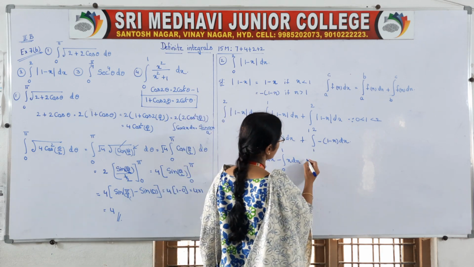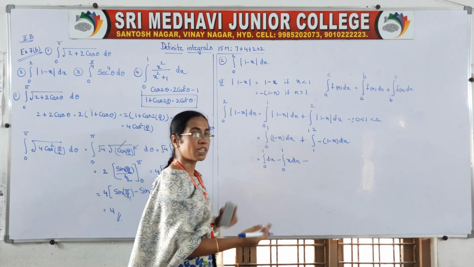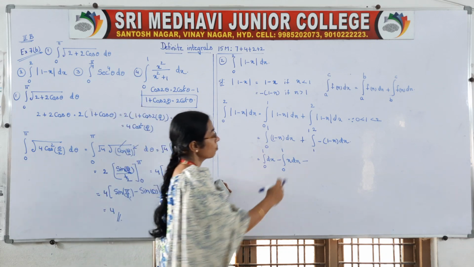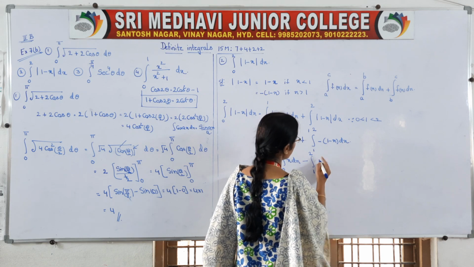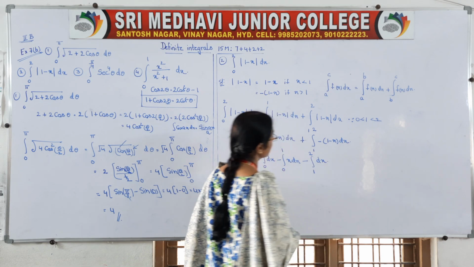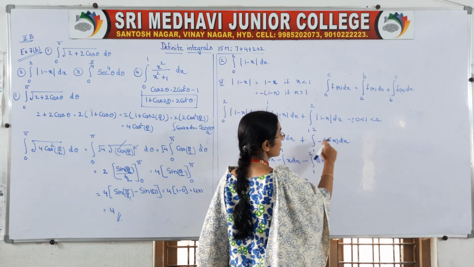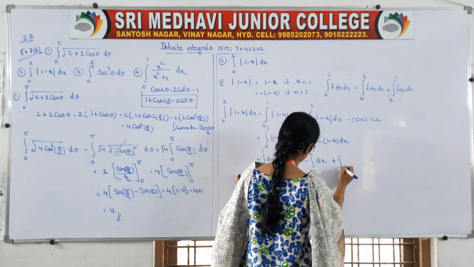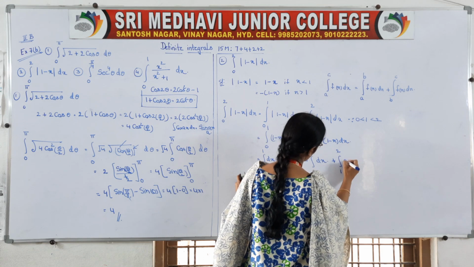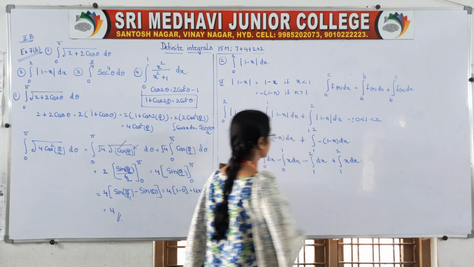So plus of minus integral 1 to 2, 1 into dx is dx. Now plus of minus of minus is plus, right? So that is integral 1 to 2 x dx.